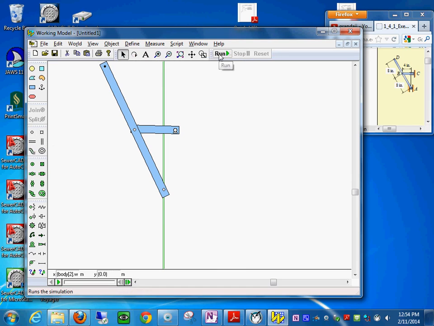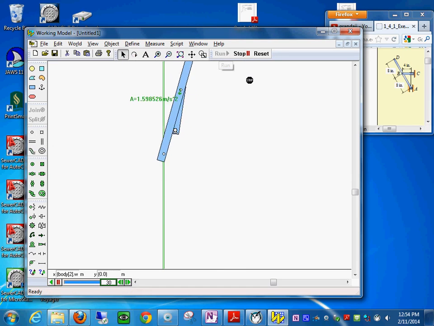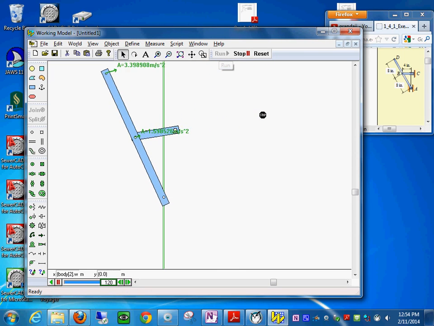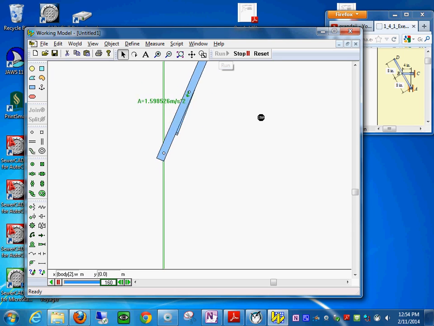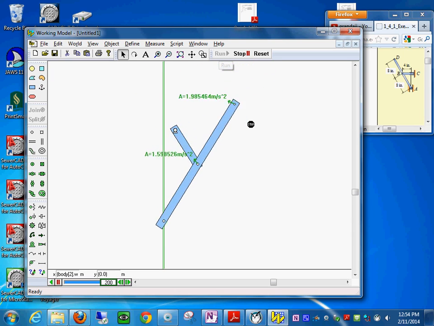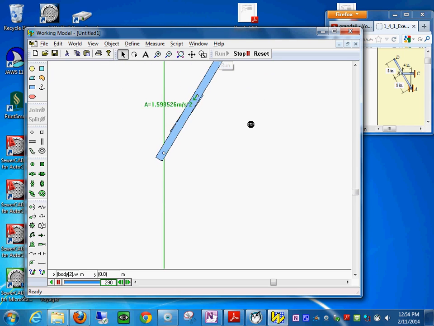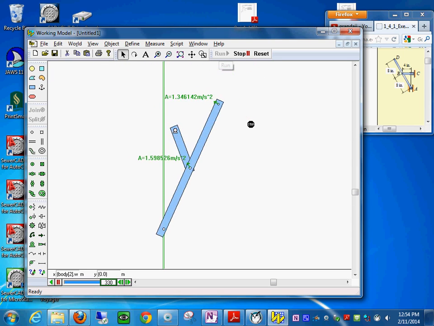I say, okay, that is the point, and I need the acceleration vector also. So watch this. If I do this, look at the vectors. Isn't that wonderful? The computer has calculated those.